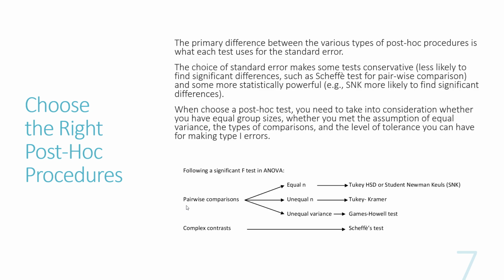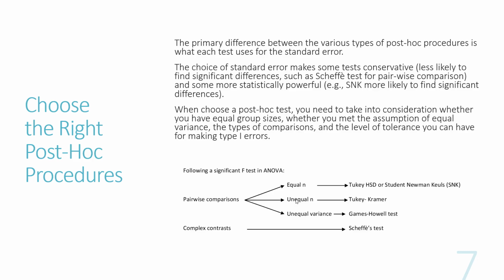If the group sizes are the same, meaning that each group has the same number of observations, either the Tukey HSD or the SNK test can be used for post-hoc pairwise comparisons. The difference between the two is that Tukey HSD maintains the type 1 error rate at the chosen alpha level.